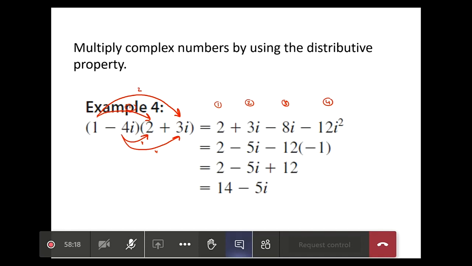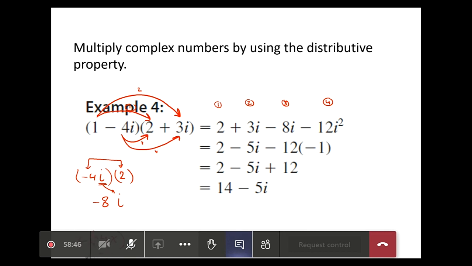Negative 4i multiply by 2, so we have negative 8i. Why? Because negative 4 multiplied by 2 is negative 8 and put the i as it is. It is like multiplying with x: if I have negative 4x multiply by 2, the same principle gives minus 8x.